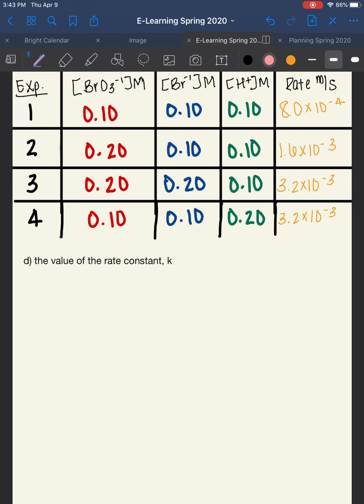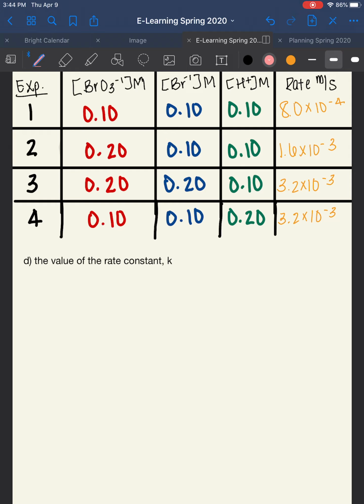So here we are going to do a little bit of a calculation to determine the rate constant, or the value of the rate constant K. That rate constant K is specific for each reaction, and you need to have the rate law equation completely filled out in order to determine it.